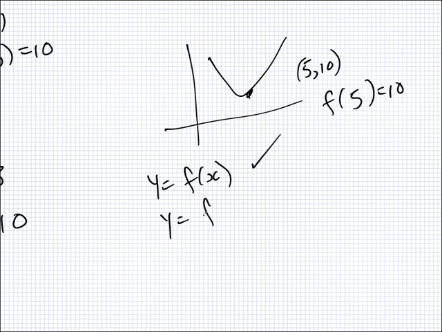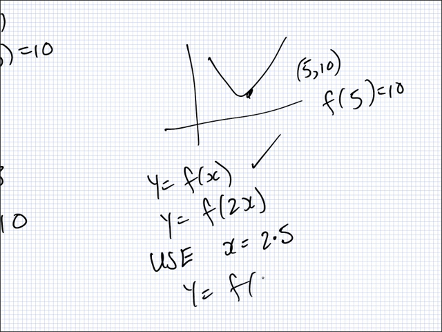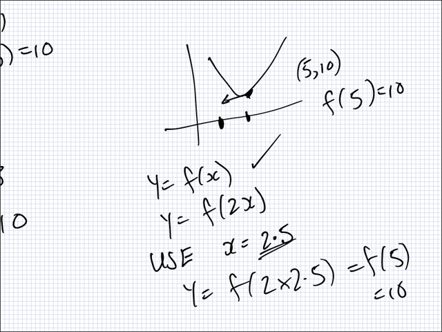Now I want to graph y equals f of 2x. So if I use, for example, x equals 2.5, then y would equal f of 2 times 2.5, which equals f of 5, which equals 10. So when x is 2.5, which is here, instead of here, I get the same answer as when I was here. So it makes it look like it was pushed into the axis.